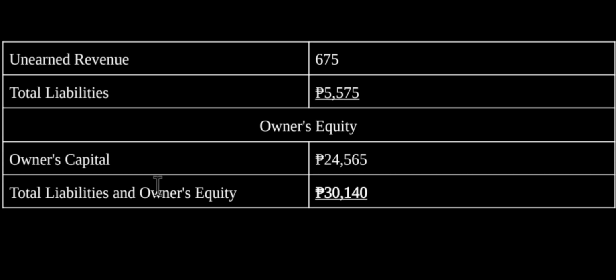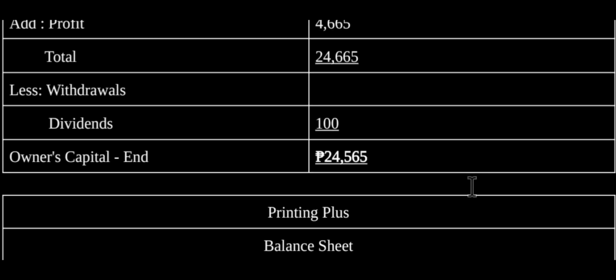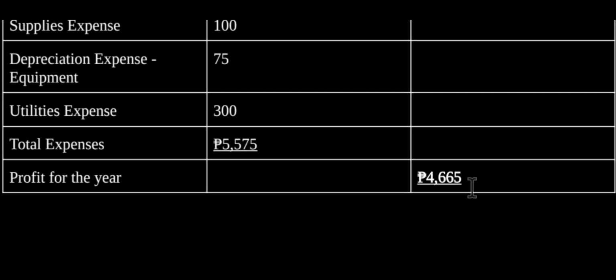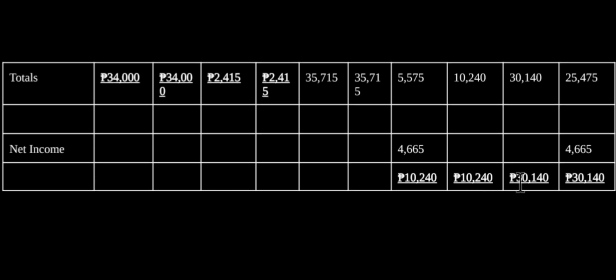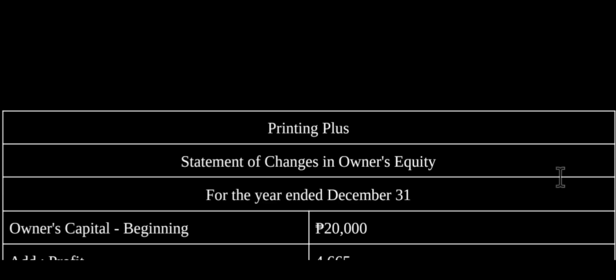Now we're going to add both liabilities and owner's equity, so we'll get 30,140. Same goes in here at the upper part where the 10 column worksheet are. Here the balance sheet. And that's all.